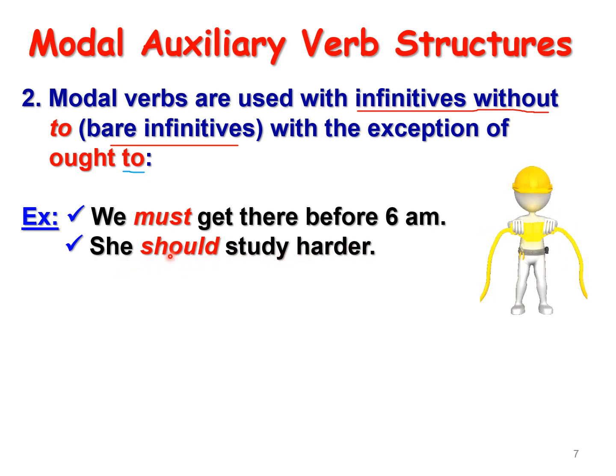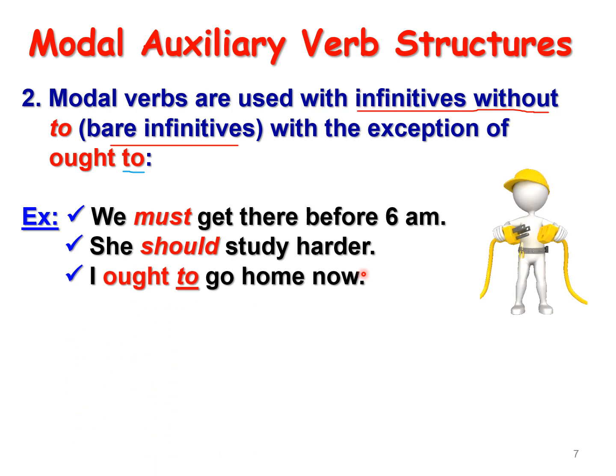You see, she should study, so modal verb and infinitive verb. The other one, I ought to go home now. You see, the to here is just the exception for ought to. It is originally like this.